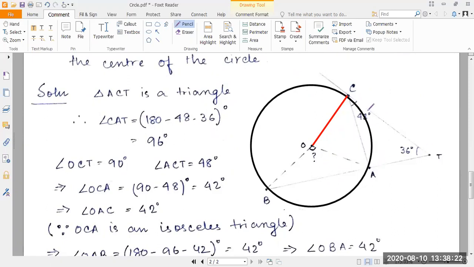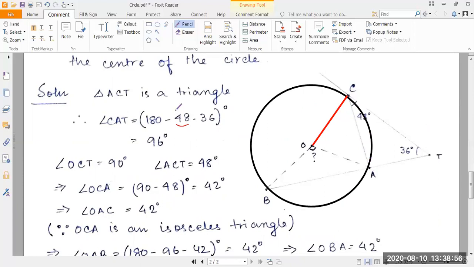This is the triangle that we have under consideration. We know that the sum of the 3 angles of a triangle is 180 degrees, and for this triangle ACT, we have already been given angle ACT equals 48, angle ATC equals 36. So going by the fact that the sum of the 3 angles of a triangle is 180 degrees, I can find the value of CAT. So I have done CAT equals 180 degrees minus angle ACT, which is replaced with 48, minus angle CTA, which is replaced with 36.